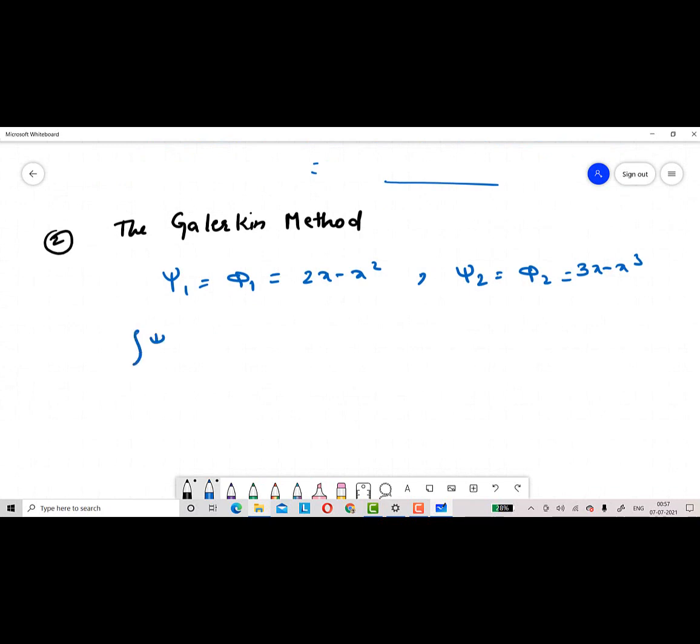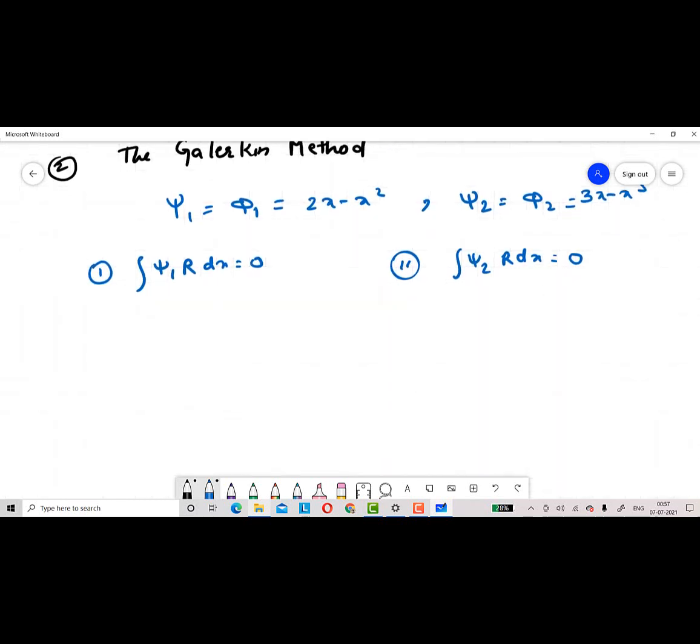Again, the integral of psi1 r dx equals 0 is the first equation, and the second equation will be the integral of psi2 r dx equals 0. It is comparatively easy than the Rayleigh-Ritz method. Then we will put these values, limit 0 to 1, 2x minus x square, and the value of r is C1 (2 plus x square minus 2x) plus C2 (x cube plus 3x plus x square minus x) dx.